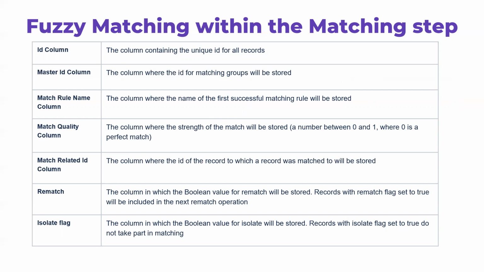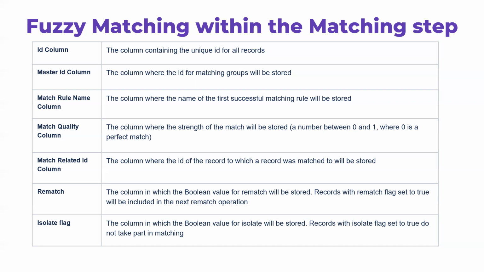And then we have the match rule name column, which gives you the name of the first successful matching rule that will be stored. And if we're using the next column, which is the matching quality column, it can actually interfere with which of the rules will be written into the match rule name, but we'll go into that in further slides.